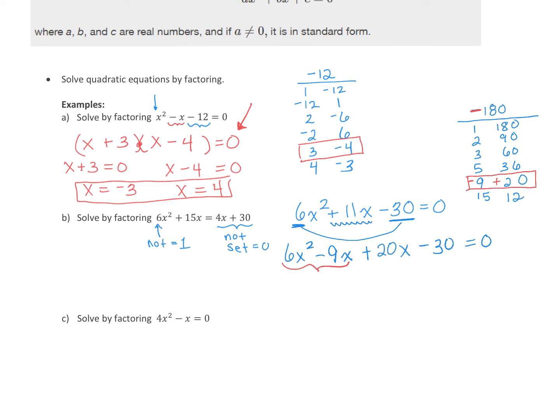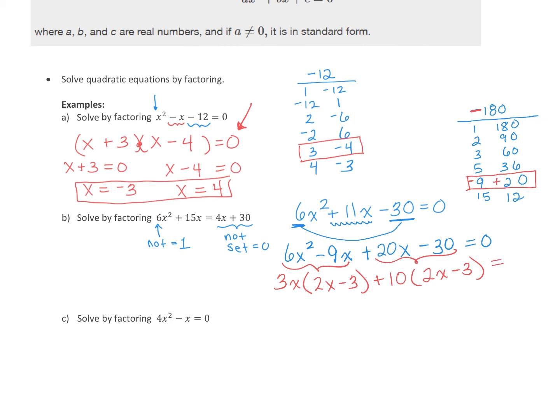I look at these first two and say, what's common to 6x squared and 9x? Hopefully you see that that is 3x, leaving 2x minus 3. And then we're going to factor what we can out of these second two terms. 20 and negative 30 have a factor of 10, leaving 2x minus 3.